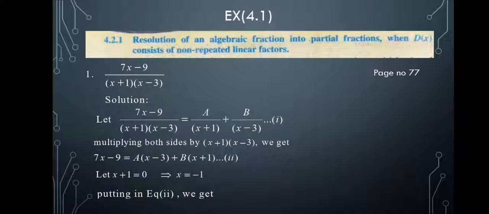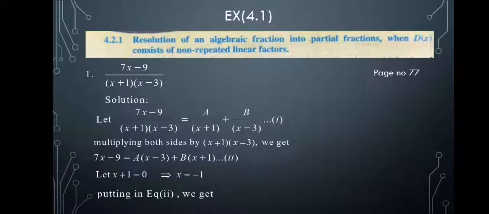Now the first thing you will have to check is the linear factors. The denominator contains linear factors, but they are also non-repeated. Since we do not have x plus 1 whole square or x minus 3 whole cube, it means that x plus 1 is only for once.